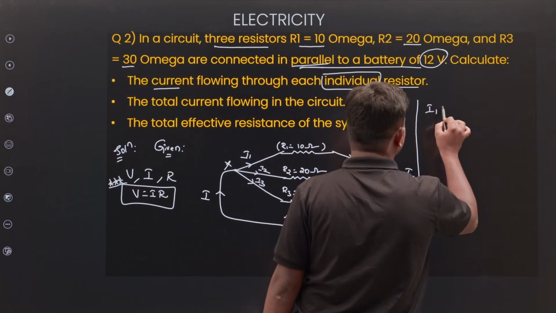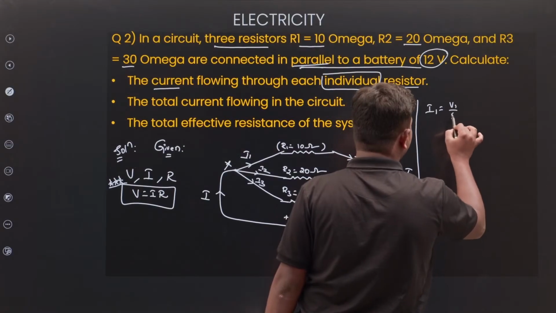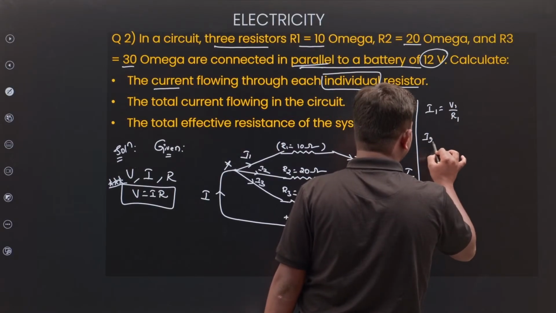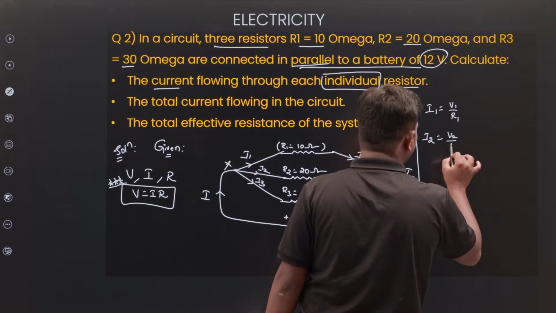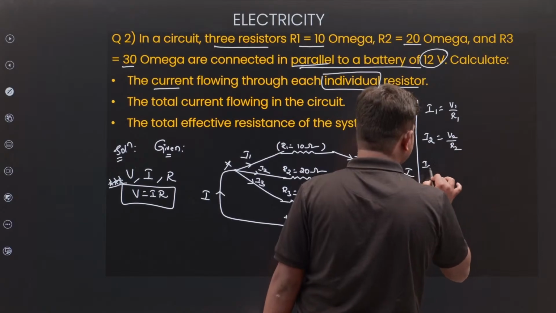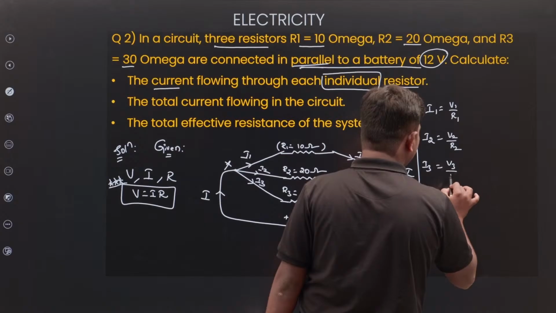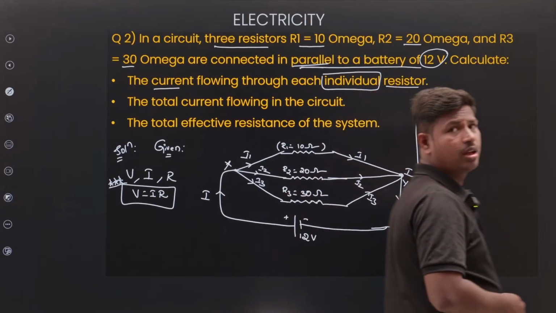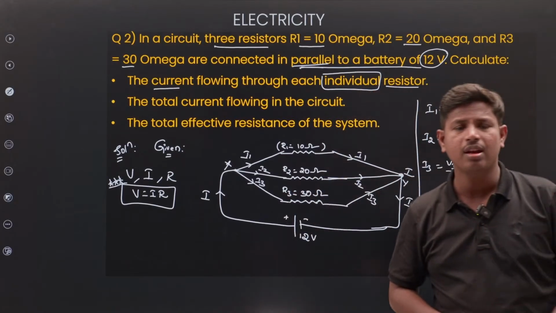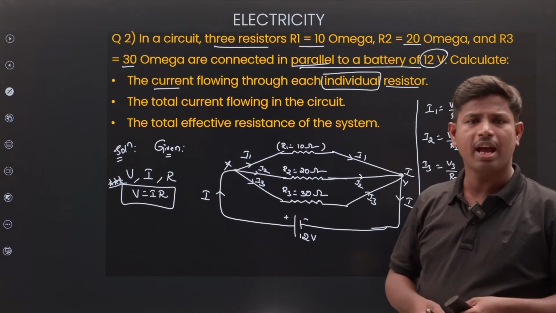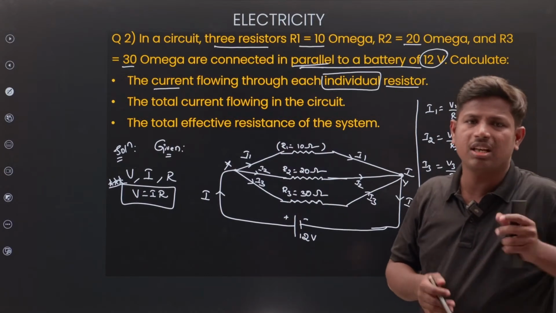I1 is equal to V1 by R1, I2 is equal to V2 by R2, I3 is equal to V3 by R3. Simple.